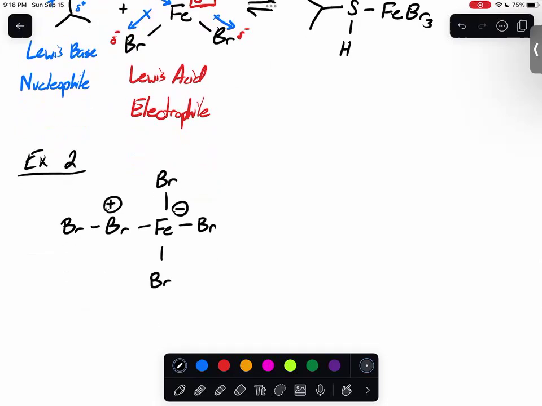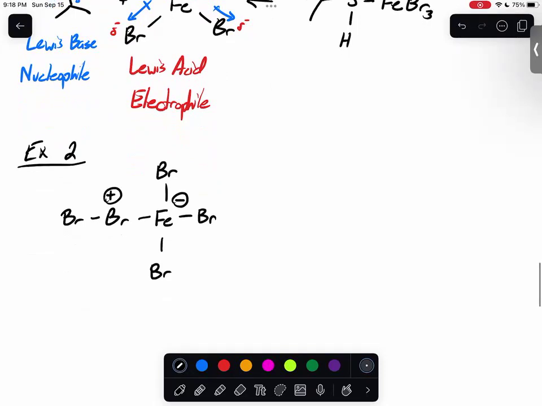They do not start as a Lewis acid or base. So looking at this one here, the bromine is positively charged. It wants electrons. The iron is negatively charged. It has too many. And the bromine is also electronegative, so it's going to pull the electrons towards it from that bond. It's going to break that bond, and it's going to dissociate to make the Br2 and the FeBr3.